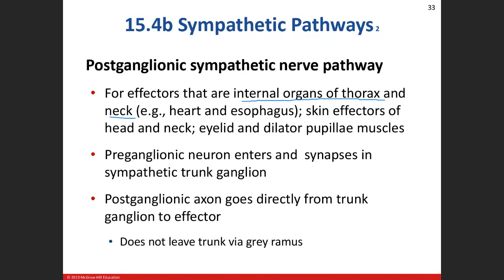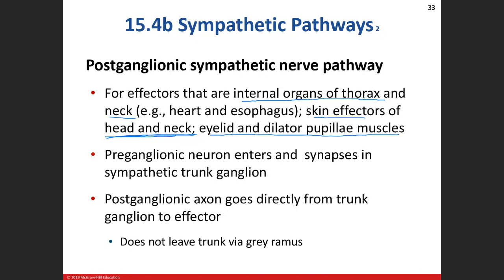Then all of our skin effectors of the head and neck. Well, thank goodness, because with the spinal nerve pathway, we excluded the head. So now we're including our skin effectors for the head and parts of the neck that the spinal nerves didn't contact. And then finally, eyelid and dilator pupillae muscles. So we deal with the eye.